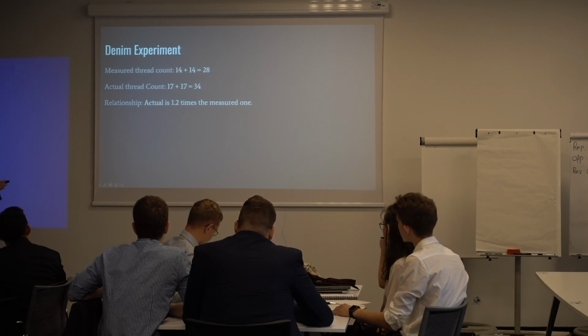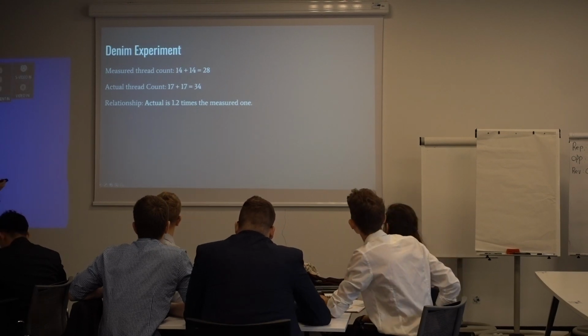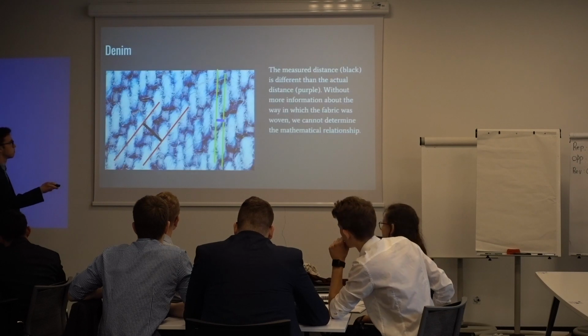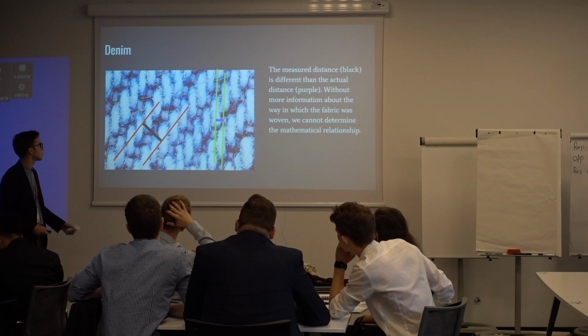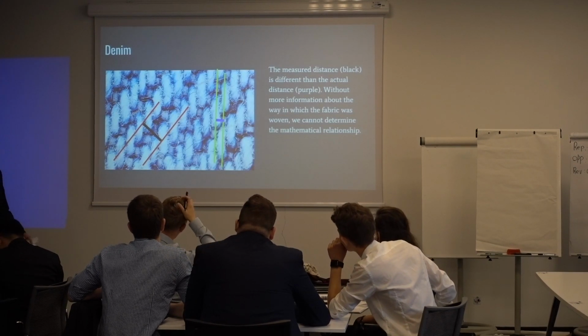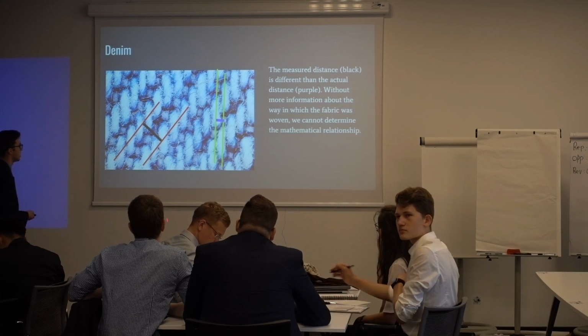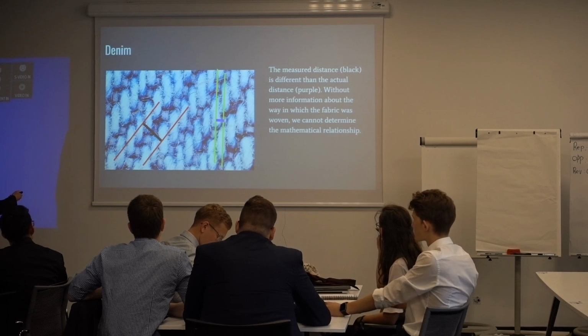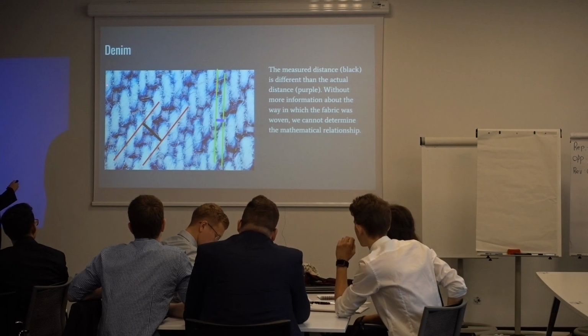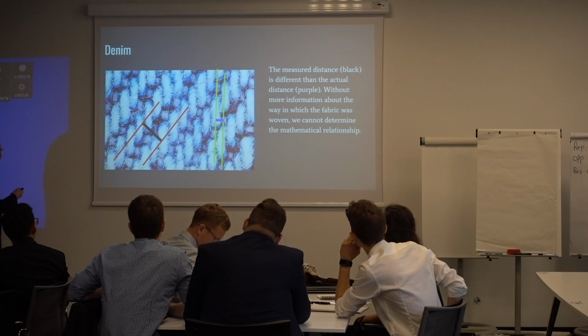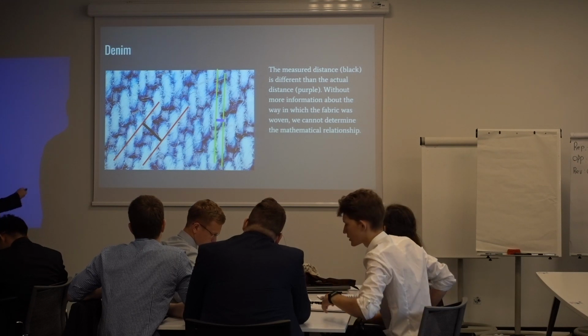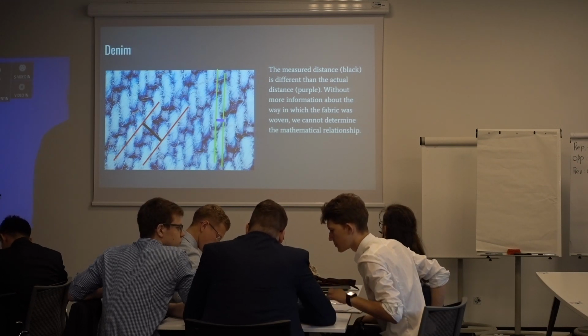Okay, so here you can see an image of a jean. Measured distance is black because we want to count these threads, the warps and the wefts. But actually, the most prominent lines are the diagonals.